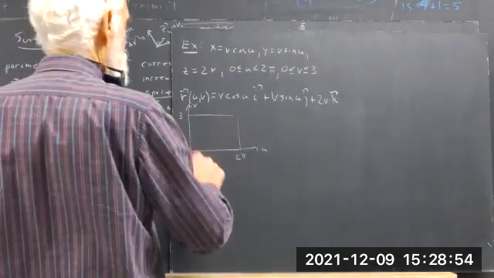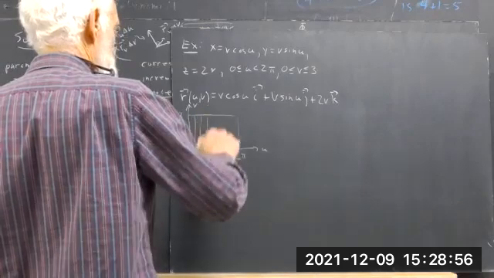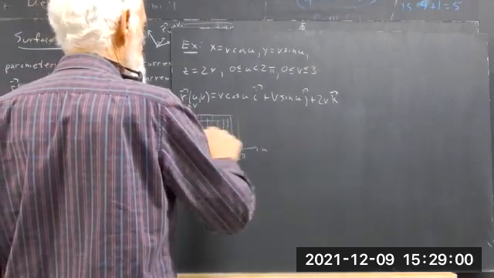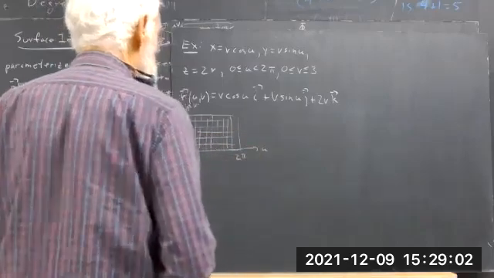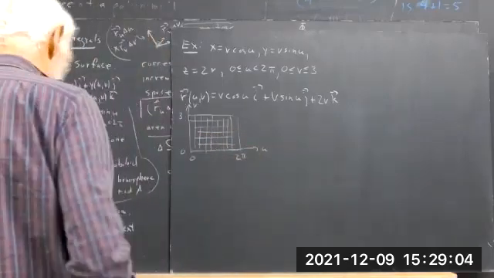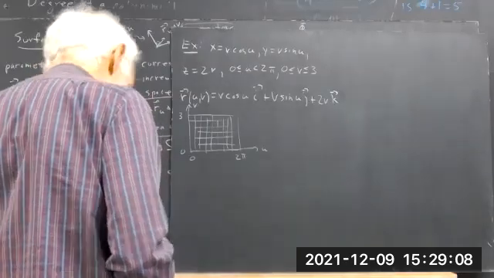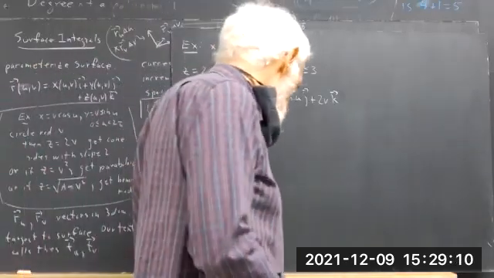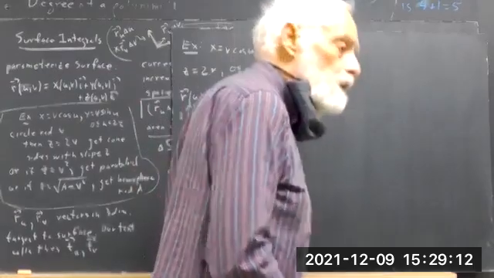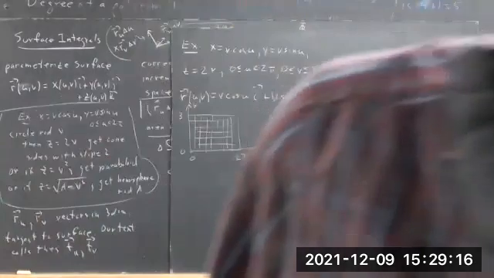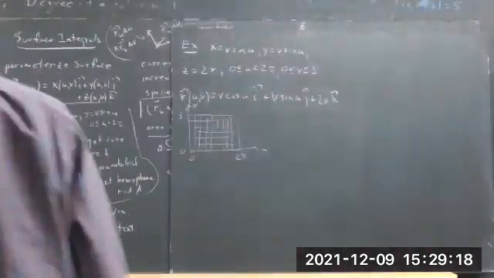But when we partition u and partition v, we get delta u by delta v rectangles. I'm not going to do a thorough explanation of this. I'm not going to do that explanation at all. Okay.